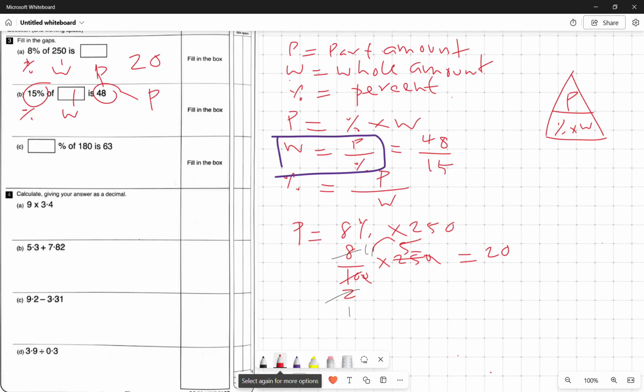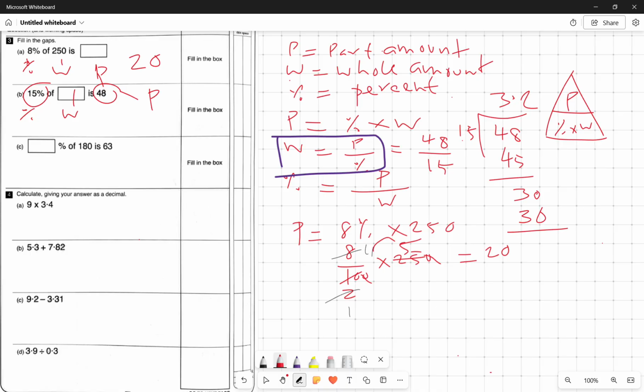We're going to use the bus method. The bus method is 48 and 15, and 15 times 3 is 45, and the remainder is 3. I can put the decimal here and put 0, and 15 times 2 is 30.